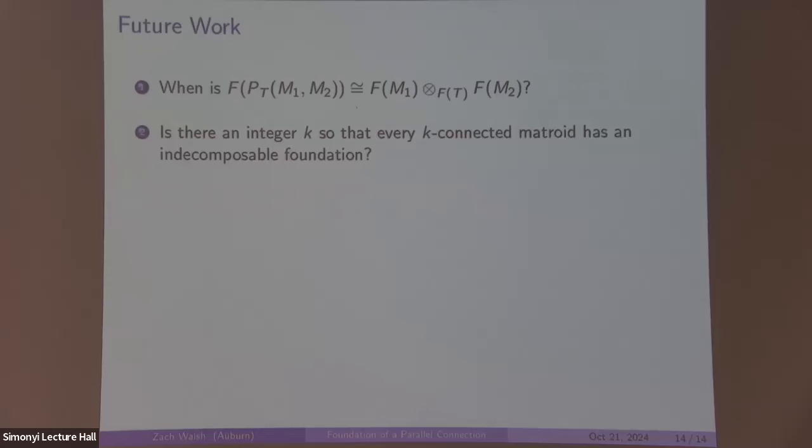So Nathan Bowler found a family of spikes which are 3-connected and have foundations that decompose as a tensor product. So this could be true with k equals 4. I think we have no idea at the moment, but this seems like a pretty fundamental question, at least to me.